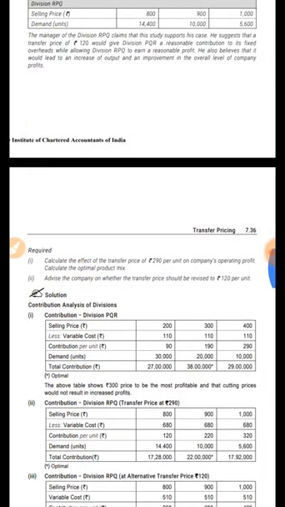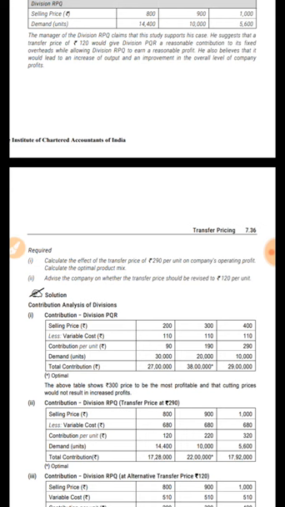So here they are saying, calculate the effect of the transfer price of rupees 290 per unit on company's operating profit. So first requirement is that we have to keep rupees 290 as transfer price, and then we have to see what is its effect on company's operating profit.